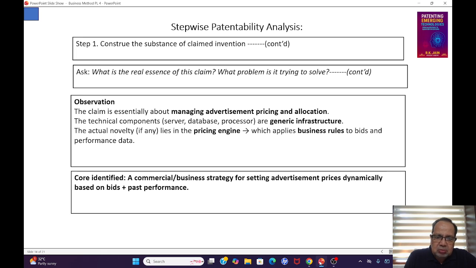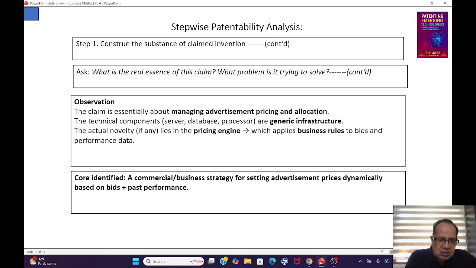The technical components are generic in nature. There is nothing specific technical component which is required, and the actual novelty, if there is going to be any, is going to be the pricing engine. But the pricing engine is being driven through ordinary business rules, which is matching bids received to the performance data of the various slots.